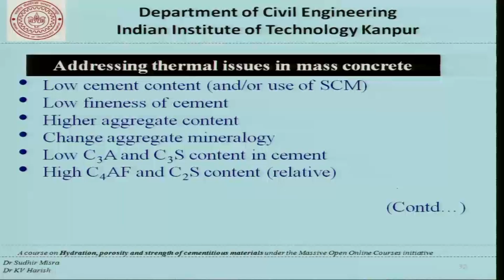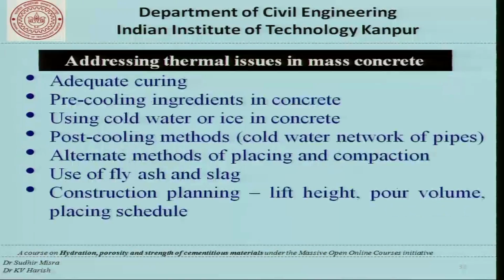Now, coming to the steps that can be taken to address issues in mass concrete, we have alluded to them earlier in our discussion. We could use low cement content and or use supplementary cementitious materials, use low fineness of cement, higher aggregate content, change the aggregate mineralogy, change the type of cement in terms of having low C3A and C3S, high C4AF and C2S, which is a relative issue.